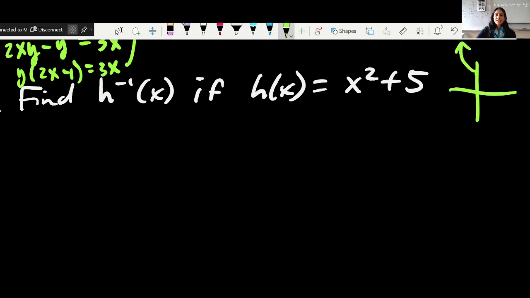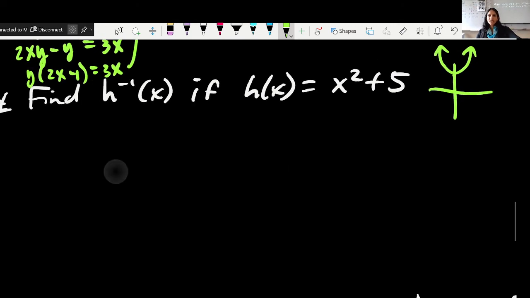Remember this thing? Is that a one-to-one function? No. So here's what we do. You know how step number 1 was determine if it's a one-to-one function? We know that this isn't because it's a parabola. It'll pass the vertical line test, but if I draw horizontal lines, clearly it's not going to pass.